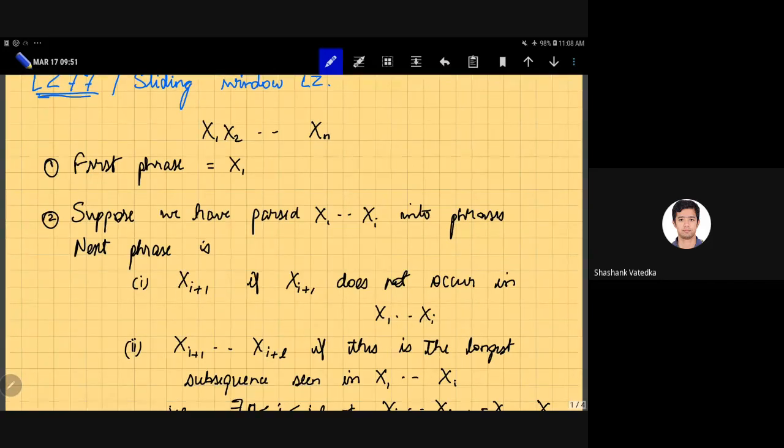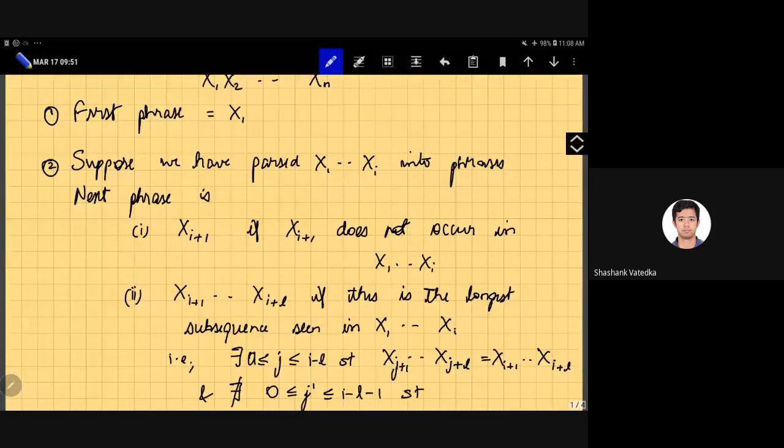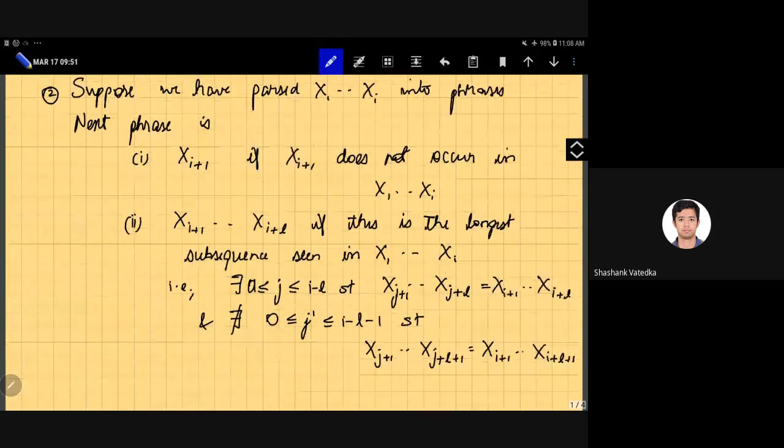If it has occurred previously, then you look for the longest match. So you go from xi+1, xi+2, xi+3, all the way up to xi+L. You find the largest L such that the string of length L starting from xi+1 matches another subsequence in x1 through xi. The longest matching subsequence observed previously gives you the next phrase.